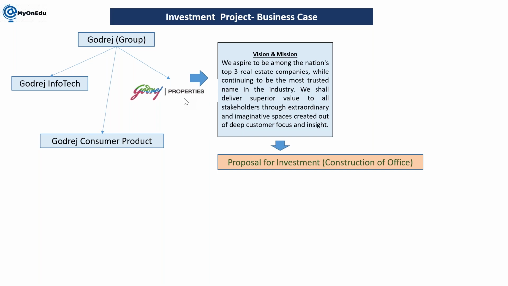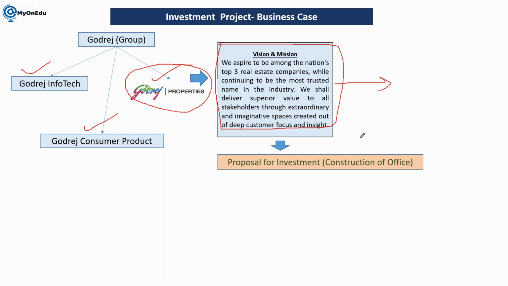Take this Godrej group, a group of companies with different companies. Godrej Properties is focusing on the real estate business, and this company has some vision and mission of the organization. To fulfill the vision and mission, we need to execute projects and do some activities.